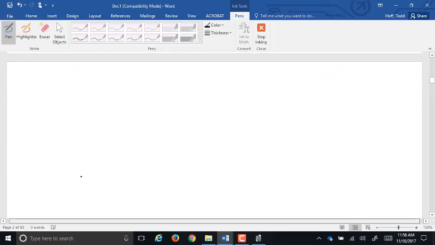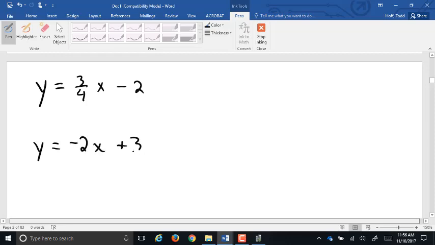So I'm going to have you guys try to graph a couple in your notes quick. y equals 3/4 x minus 2, and y equals -2x plus 3.